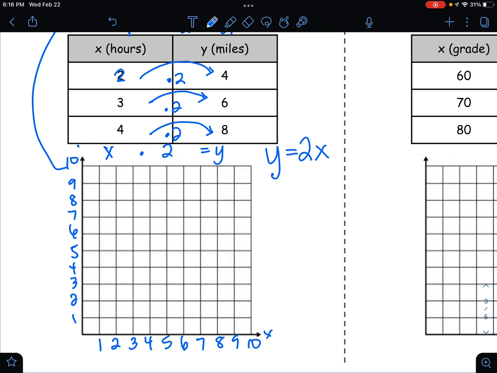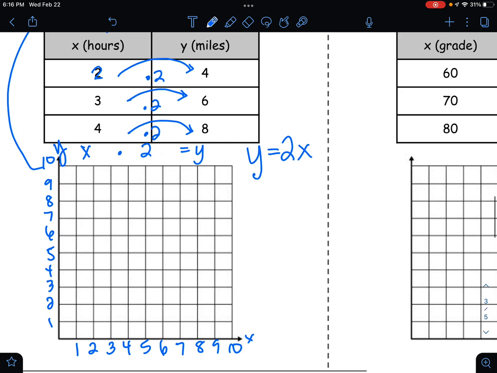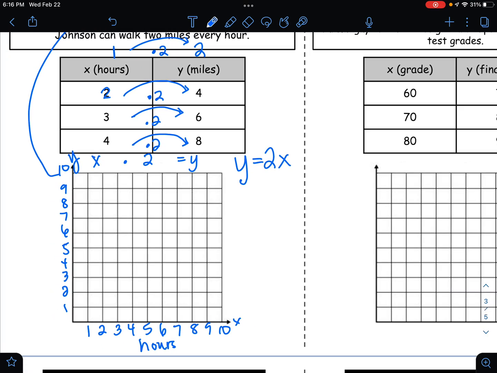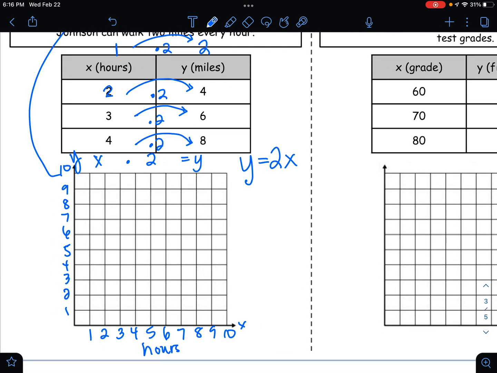And if I'm going too fast, make sure you hit pause to catch up. So on the bottom, we have our hours. Okay, this is the x-axis, so this is why our x is going here. Okay, now our y, which is miles, this is our miles over here.